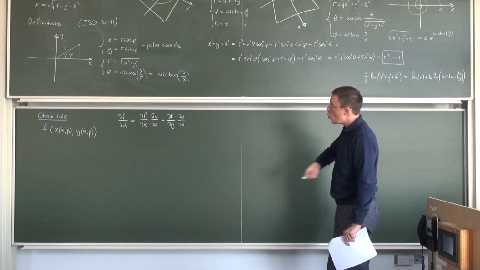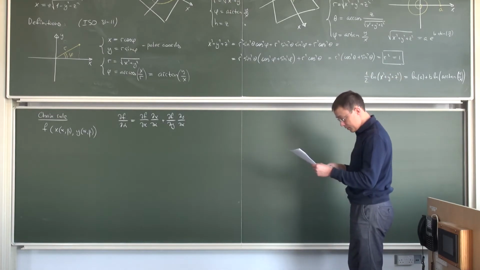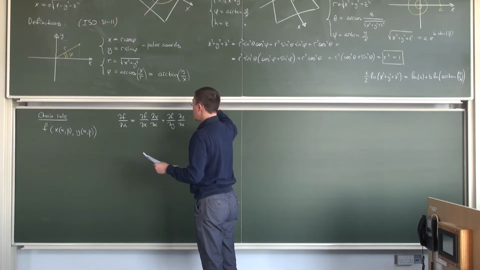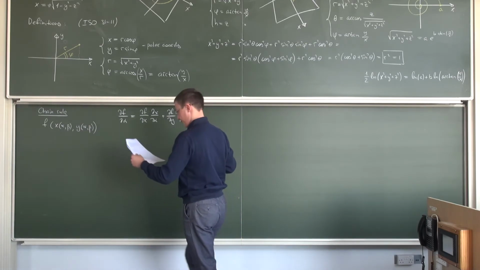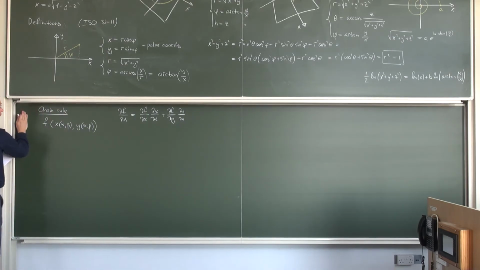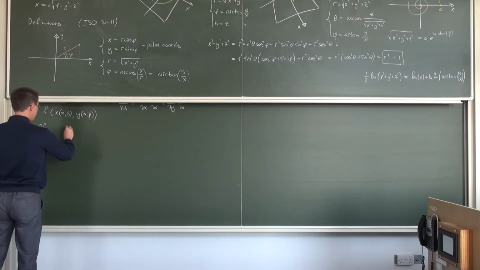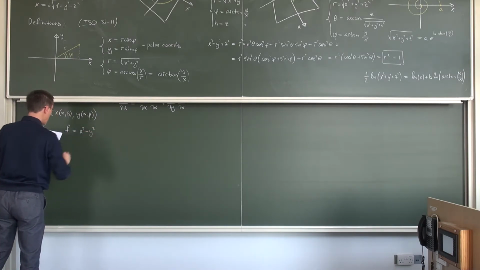Okay, so let us go and do the corresponding transformations using the coordinate systems that we have just defined. So let's say, for example, that we want df by dr. The example says that we are working with polar coordinates here, and f is x squared minus y squared.